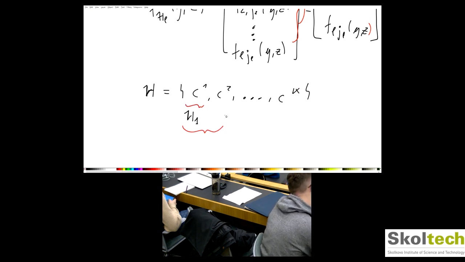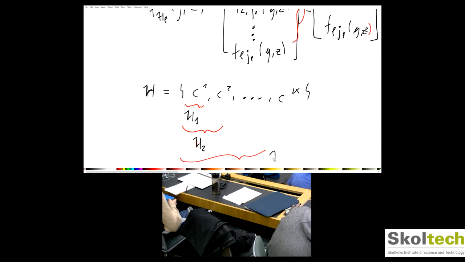Now we can do the same for the second one, or for whatever other number. In this case, this will be H2, considering these two. And if we keep doing this, this will be H, I don't know, L, whatever. It's not including all of them, just some of them. But this is a way of growing the dimensionality of your hypothesis. You are adding them in an incremental way. And what is the advantage of this? I'm just going to show that now.